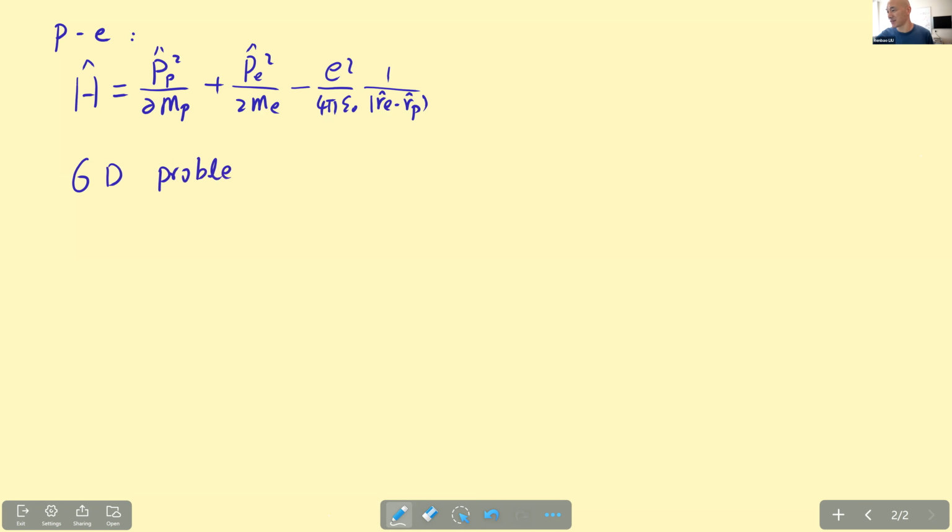It's of course very difficult, right? So you have XE, YE, ZE, and XP, YP, and ZP, right? So you have 6 coordinates. Okay, so the operator is acting on this 6-dimensional space, and then you have a wave function.